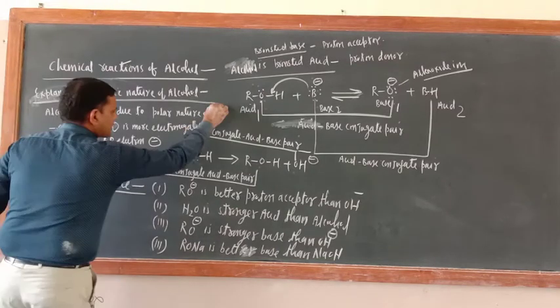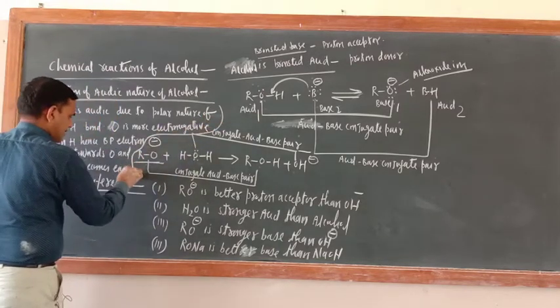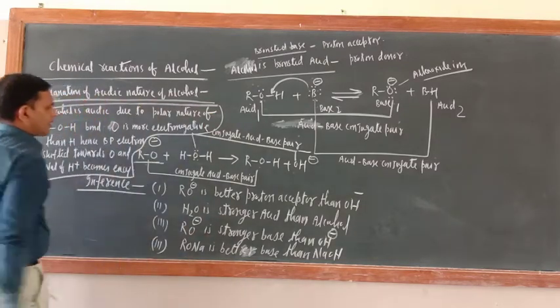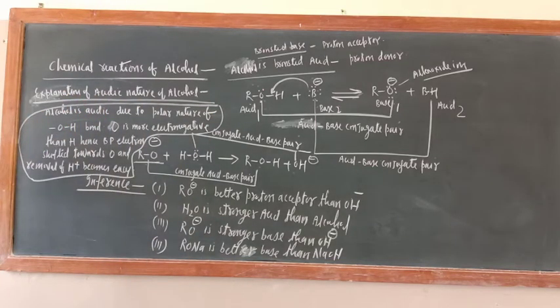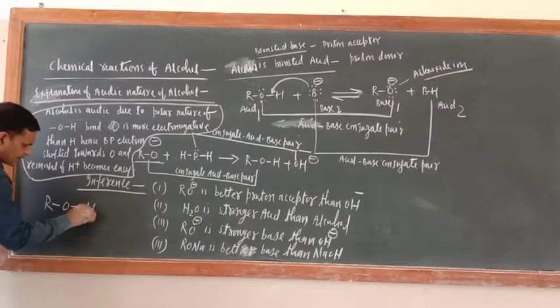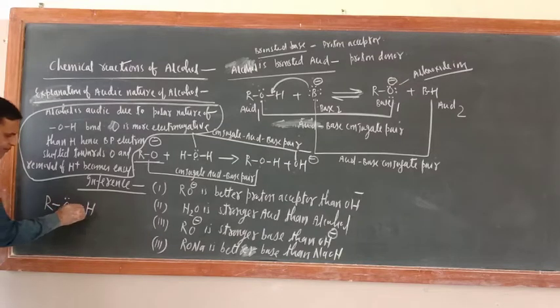Okay, have you got this one or not? This is the explanation of the acidic nature of alcohol. Very simple thing is there. This is ROH. So just see, this is slightly positive, this is slightly negative.